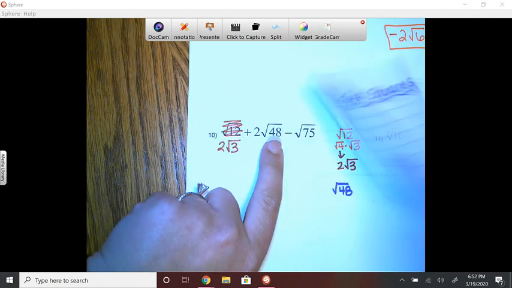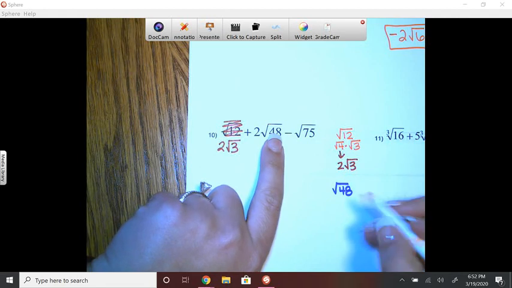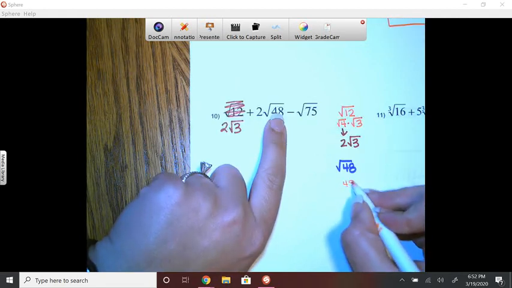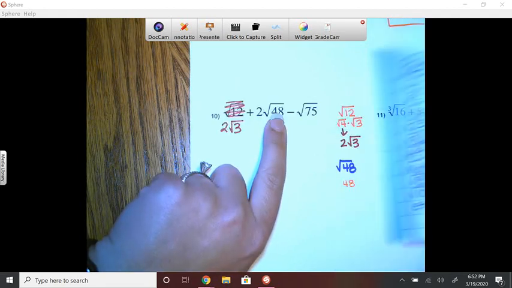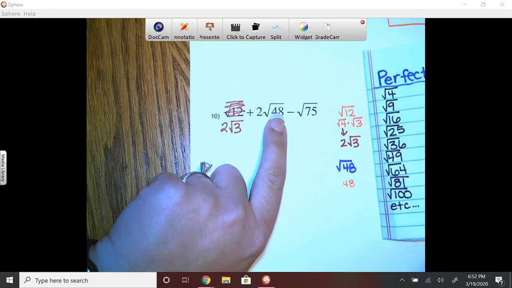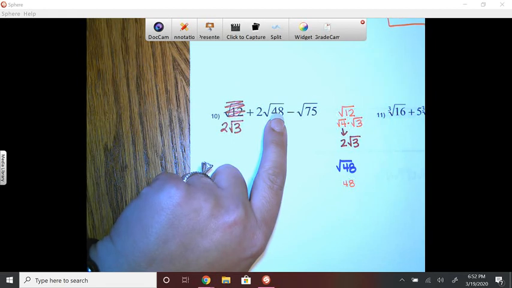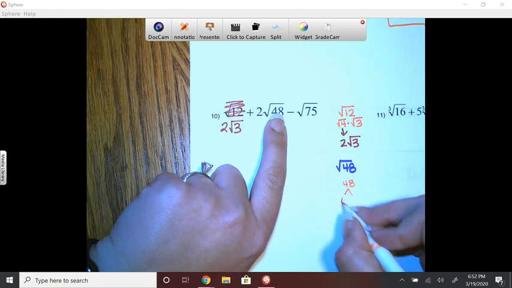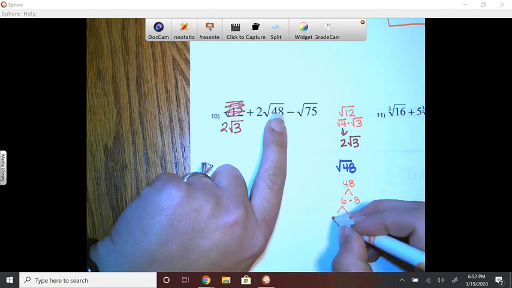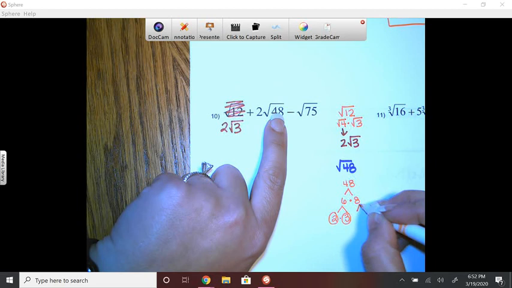Since 48 is a higher number, you might want to, instead of using the perfect square list, break it down into 16 times 3. I just want to review both methods. The other way is you can use any two numbers you want, like 6 times 8, and then keep going until there's only prime factors at the end of the tree.